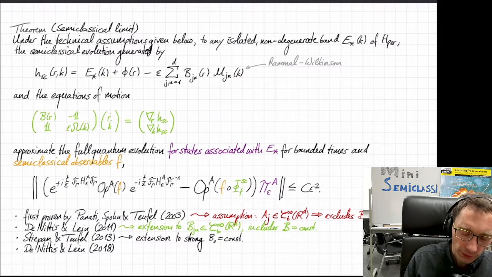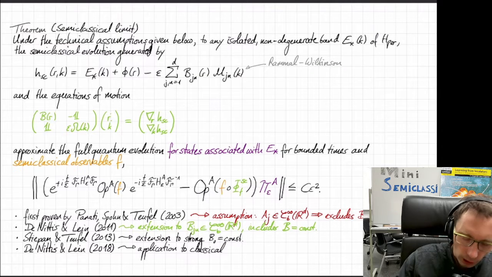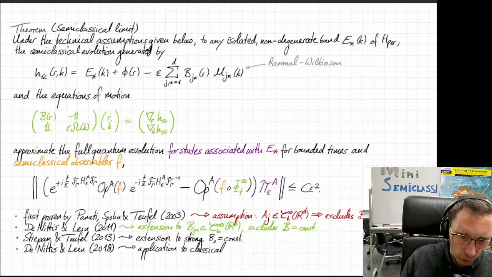I would like to mention it, not because I want to push my own work. That's not the point. I would like to say that these methods also apply to classical waves. So if you have a classical wave, then under certain circumstances you have a ray optics limit or geometric optics limit, and you can use semi-classical techniques to prove them rigorously. And this is what we do.